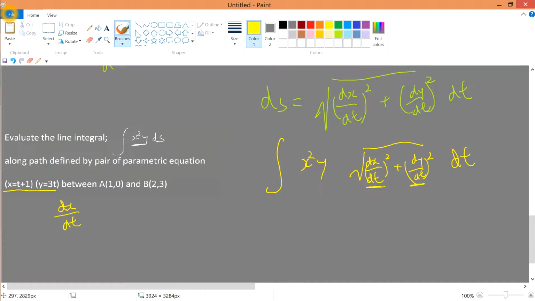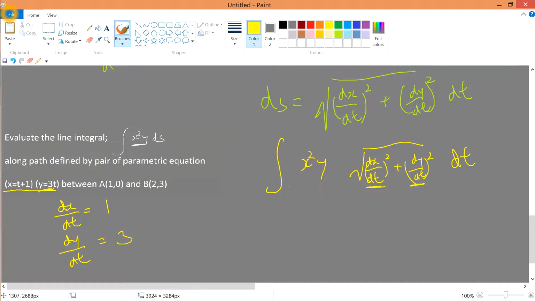So dx/dt in this case is just 1, because if you differentiate t plus 1 you get 1. I hope you really know what differentiation is. If not, I recommend you watch a differentiation video. Just type differentiation and you will find that video. I think you are at the level to do differentiation. Anyway, when you differentiate y, you get 3, right? 3t, you differentiate, you get 3.